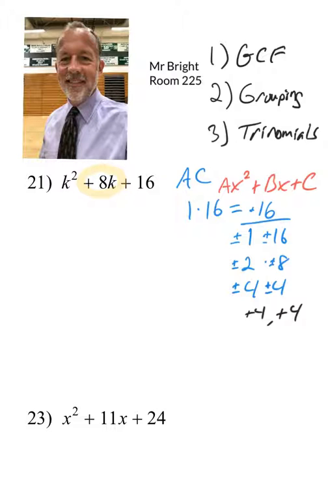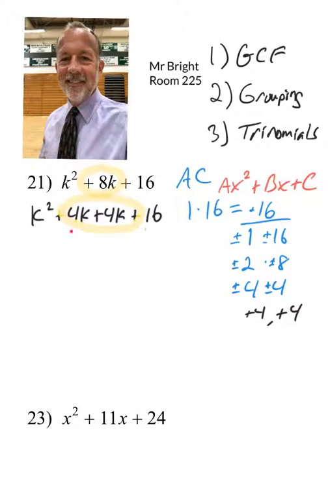So let me show you. This whole problem is going to be rewritten like this: k squared plus 4k plus 4k plus 16. All right, now, does it make sense that this right here gives me that 8k right there? 4k plus 4k is 8k.